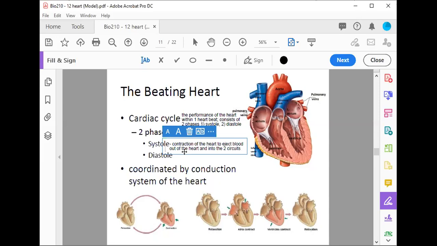Do keep in mind that both sides of the heart operate at the same time. So when they contract, they eject the blood out into the two circuits.